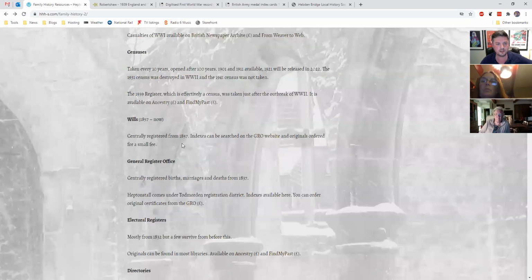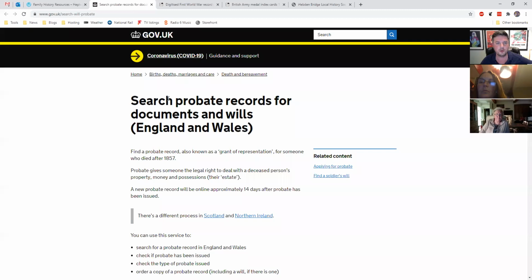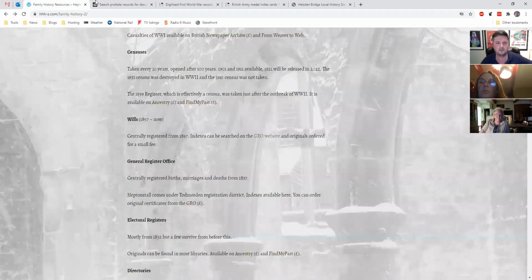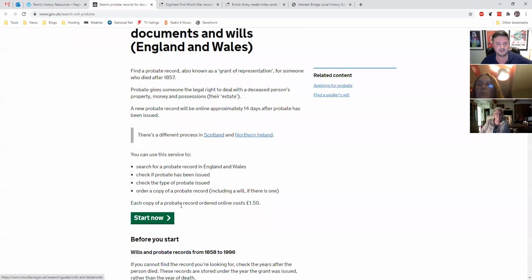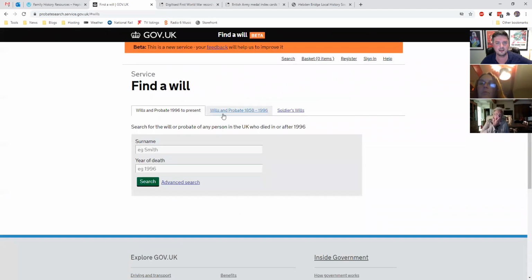Wills: if you're interested in finding someone's will, they've been registered with the government from about the year 1857. The source for those is not the GRO website, it's the probate registry website. You can search for these here. You can put in a surname and a year.